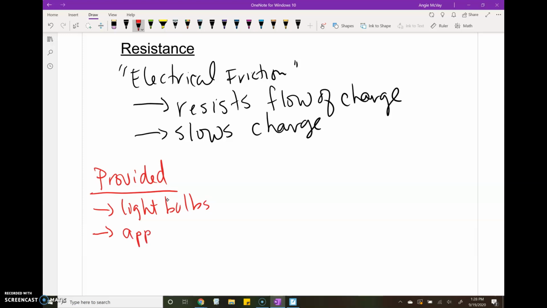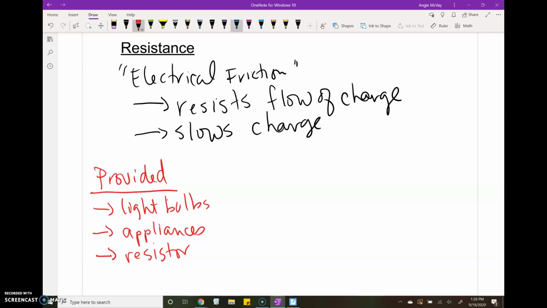So appliances, or they're actual little devices called a resistor, where they might not need something at that point in the circuit to accomplish a task, like light a light bulb or charge a cell phone or something. They just need to slow down the charge, and so you can put in a resistor. All right, where does that energy go? The energy dissipated by a resistor goes into light, appliance motion, like running a fan or something like that, or just heat. Okay.